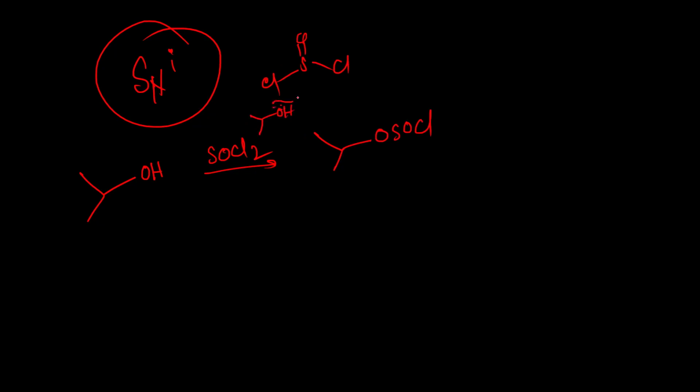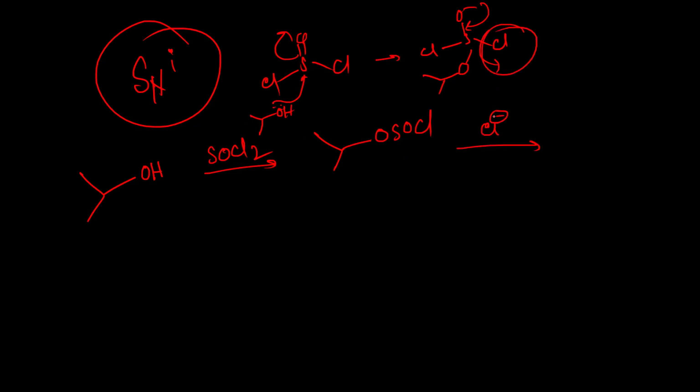The OH will attack here, then this will break. Then O minus gives, and this is removed. So OSOCl will form. Now I am left with one Cl minus. This Cl minus will attack here.